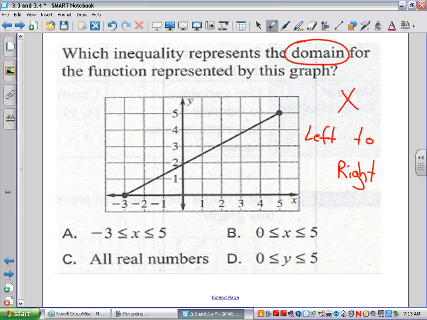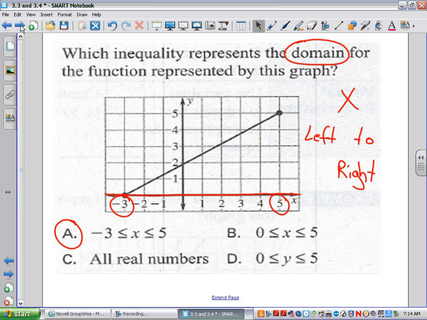So my left to right on this axis right here, this is my x-axis, looks like it starts over here at -3 and goes all the way over here to 5. That's how wide it is, left to right. So which inequality represents something from -3 to 5? And that is choice A.